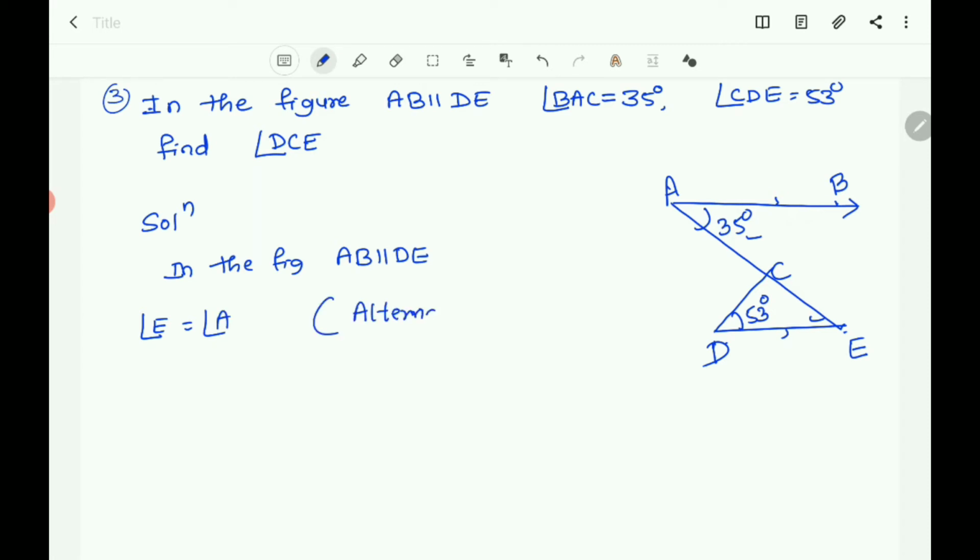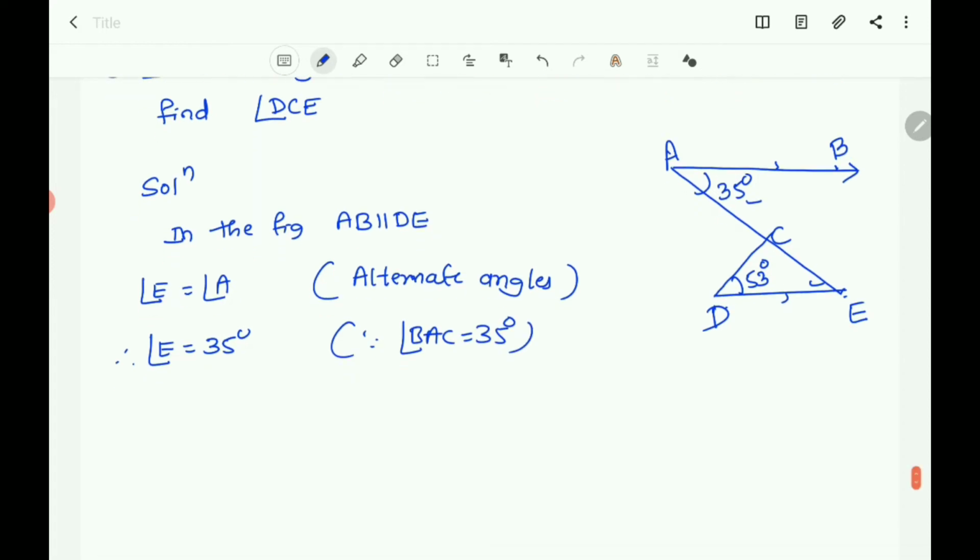Therefore, it is given that angle A is 35 degrees. Therefore, angle E is equal to 35 degrees, because given that angle BAC is equal to 35 degrees. So you got angle E is equal to 35 degrees.